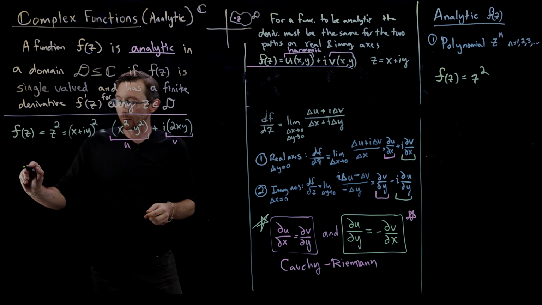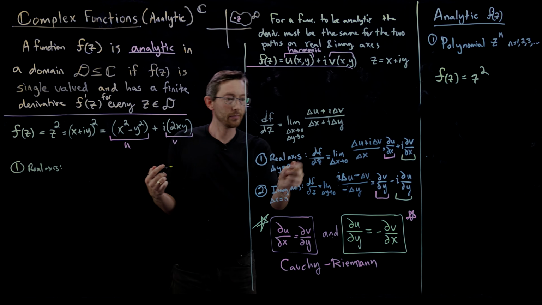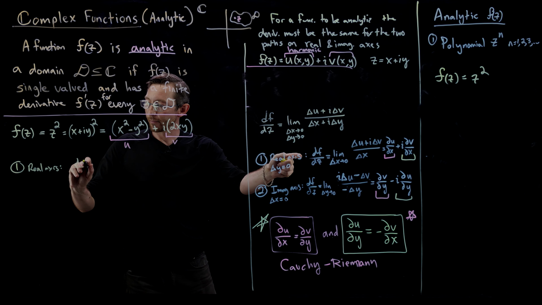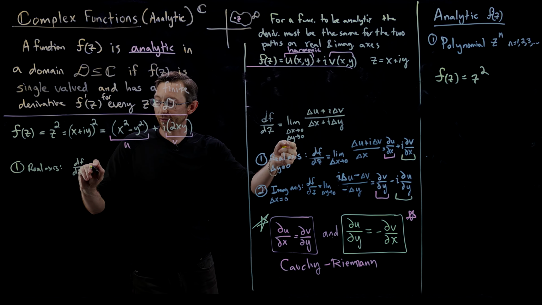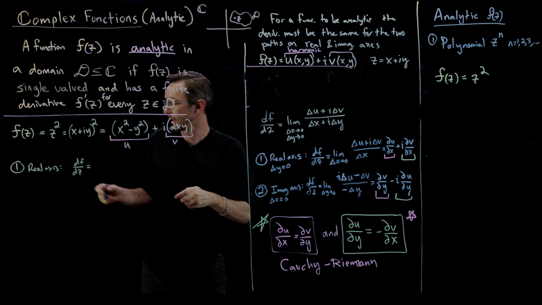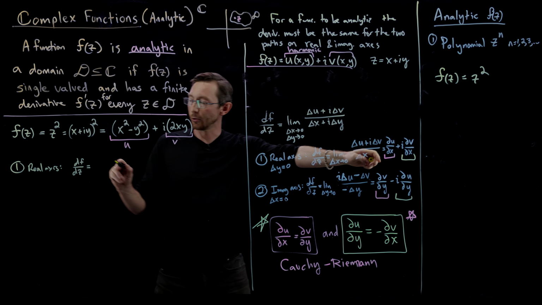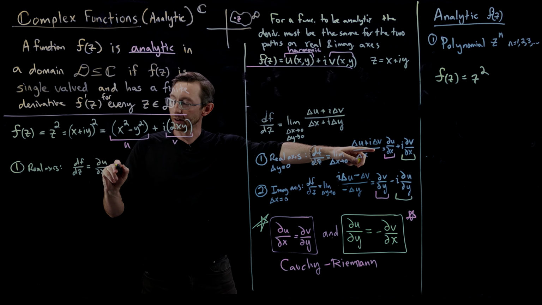Okay, so along path 1, if I go on the real axis, the path of delta x goes to 0, then df dz, which is essentially the limit of delta f over delta x, is going to equal partial u partial x plus i partial v partial y.